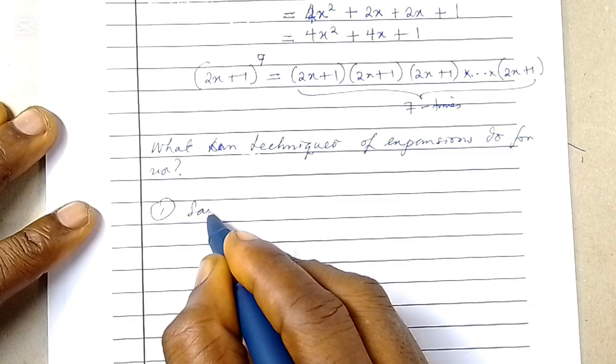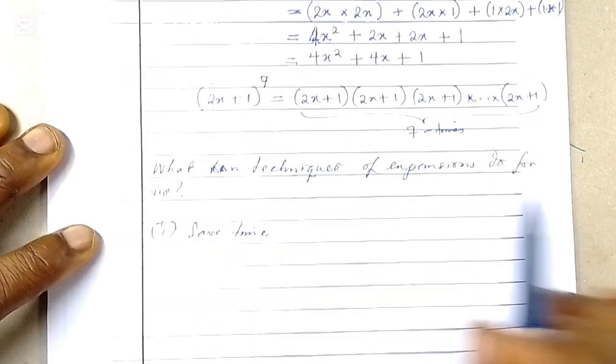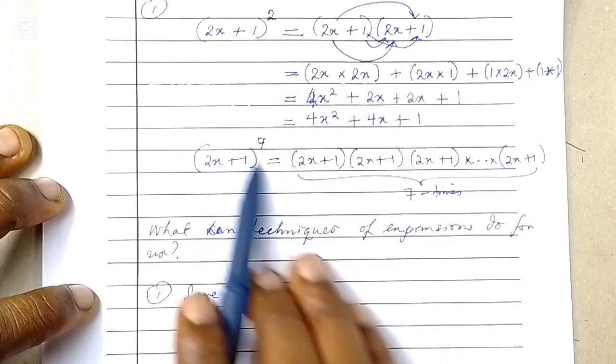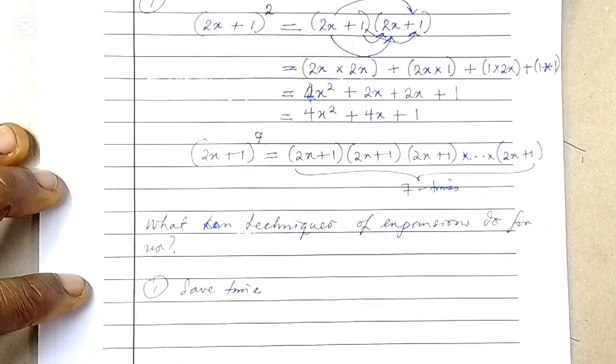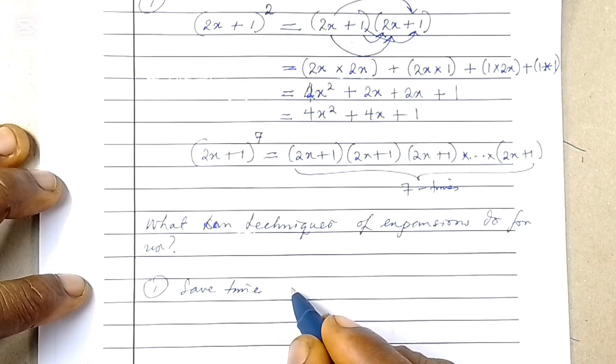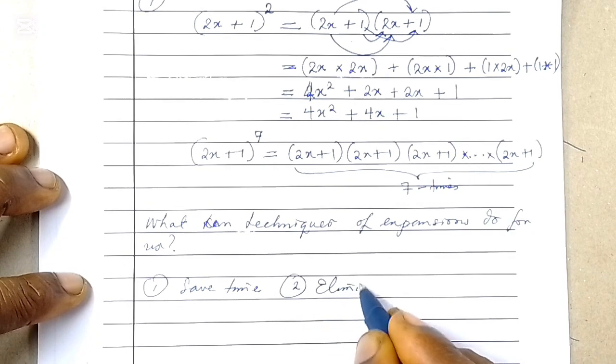So the first thing you need to know is that techniques of expansion would help you, number one, save time. Rather than expanding in this manner, if you use a certain technique for expansion, you would save time. 2, it would eliminate complexities.